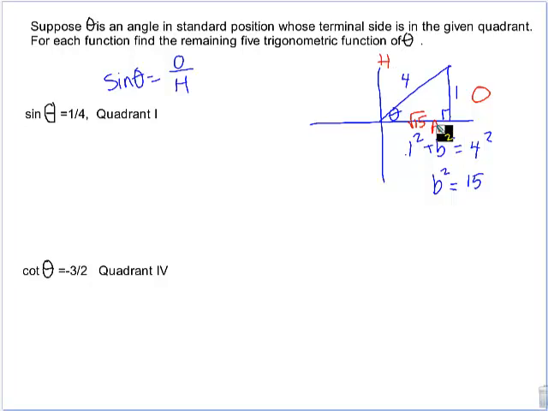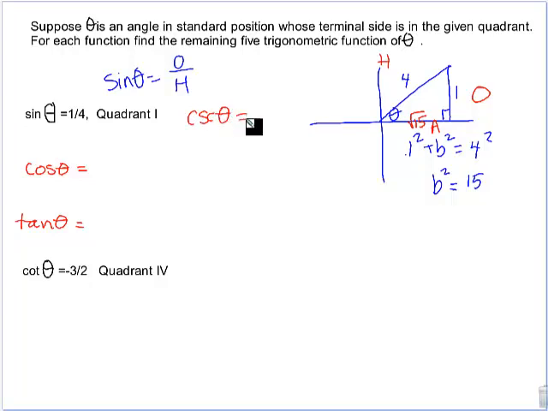And now we just want to write out what all the trig functions are. So we already have sine. That means we need to say what cosine is and what tangent is, and then all of their reciprocals. Which function is the reciprocal of sine? Cosecant. So we'll need to write down what cosecant of theta is.